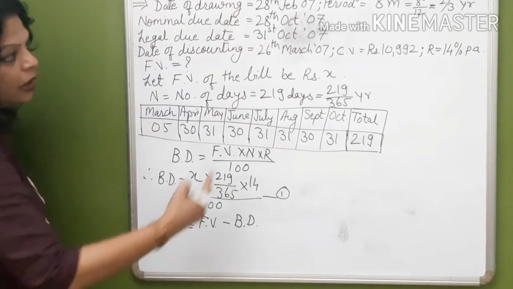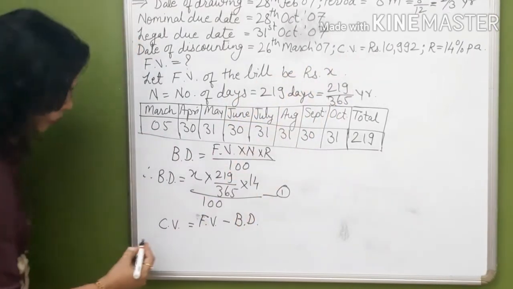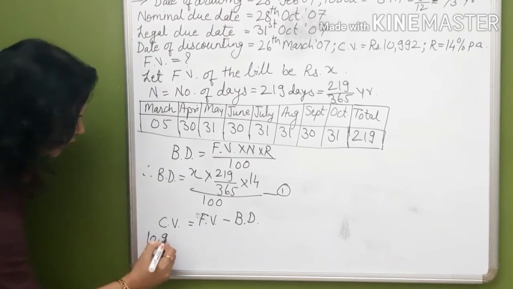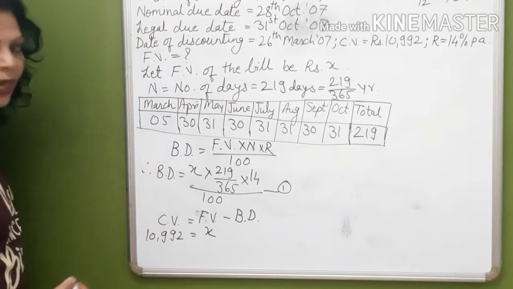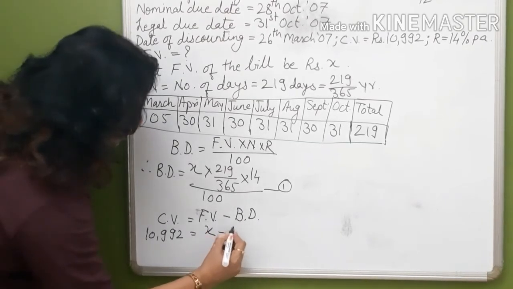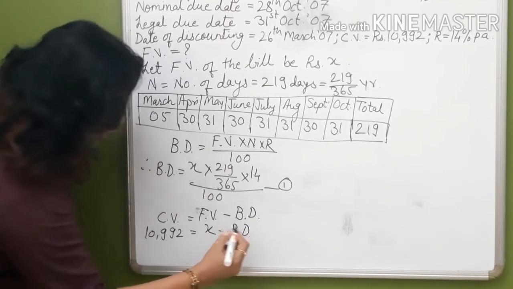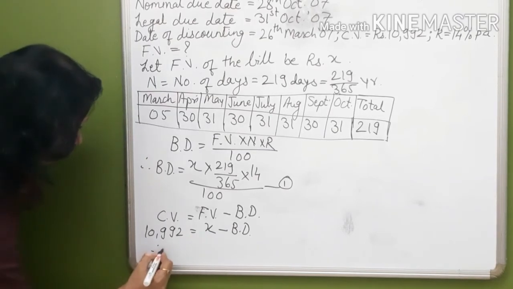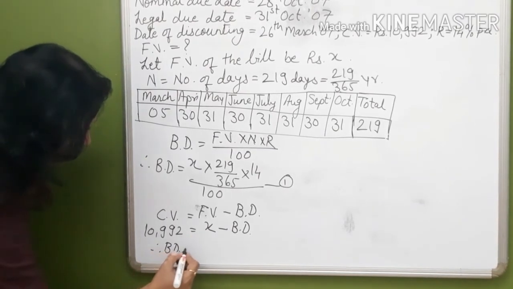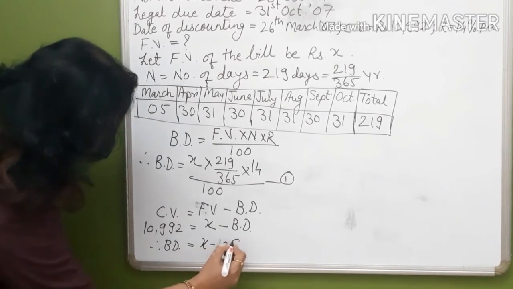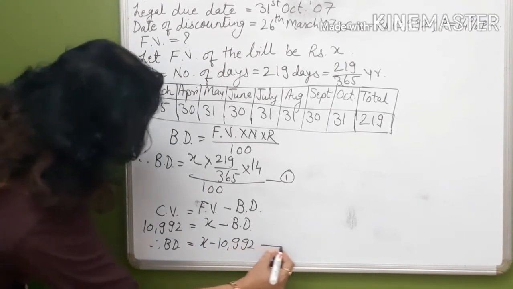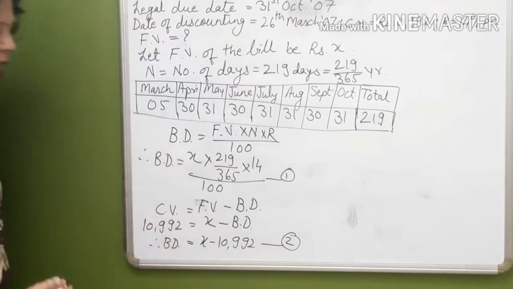Now how much is the cash value? 10,992. Face value we have said X minus banker's discount. So from this you can write banker's discount is equal to X minus 10,992. This is your second equation.